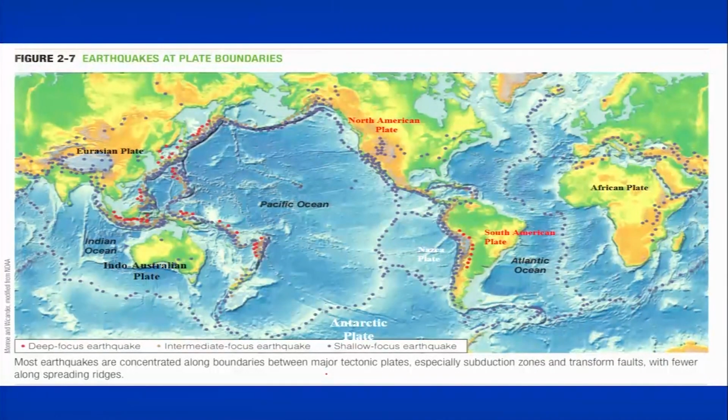Not only that, we also learn that the earthquakes aligned along the plate boundaries are not occurring at the same depth. We have deeper earthquakes, which have been marked by red dots, then intermediate earthquakes and shallow earthquakes.